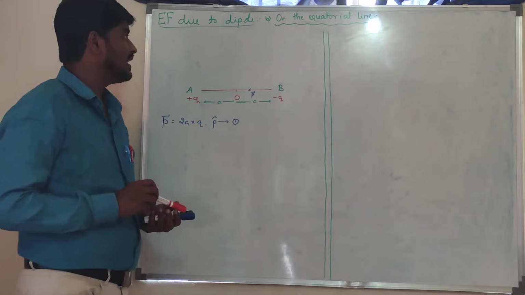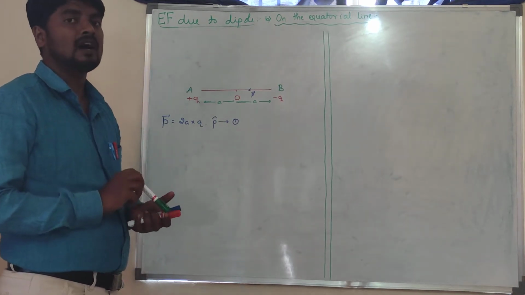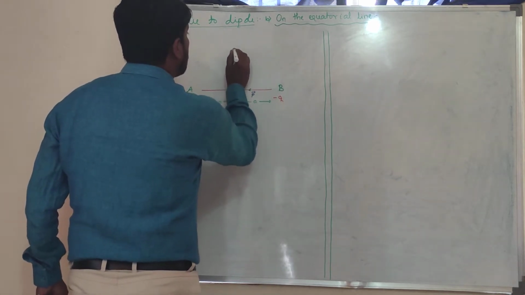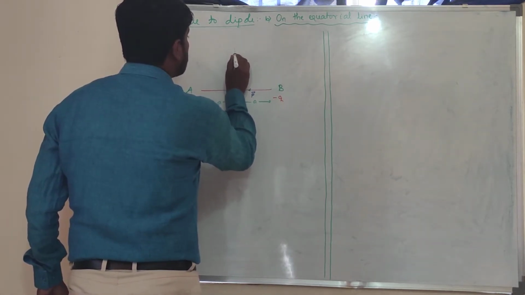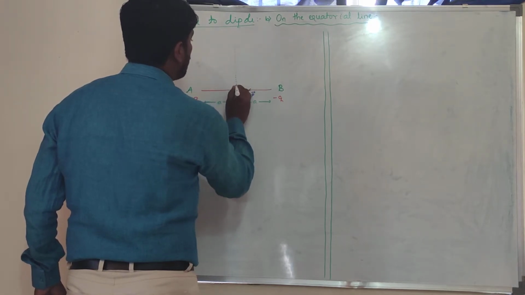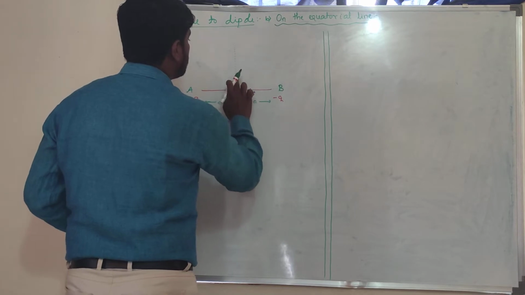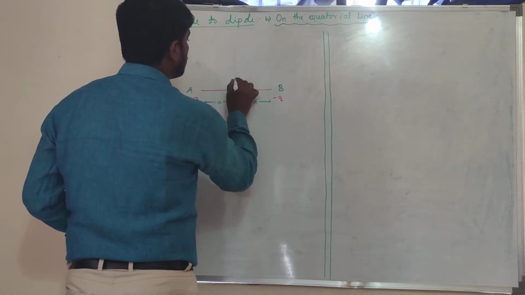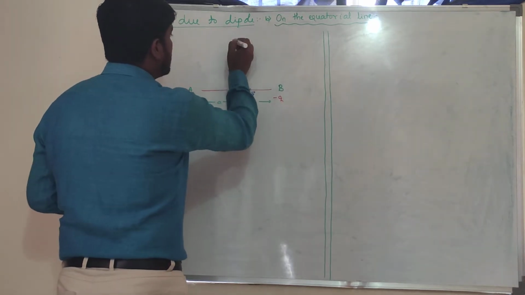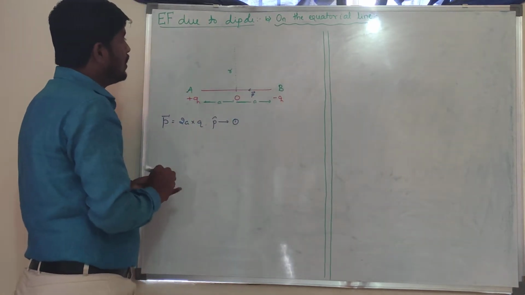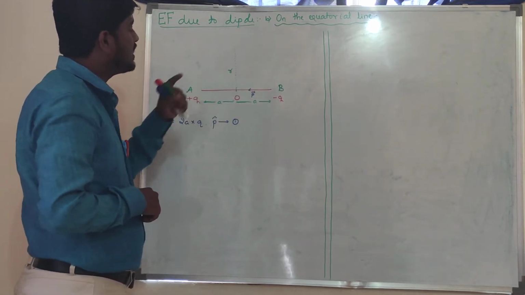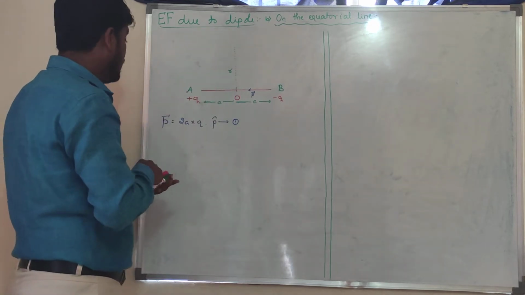Now I am considering the point P at a distance of r from the dipole center. Please keep it in mind, from the dipole center O. So this is the distance r. After considering the point P at a distance of r from the dipole center O, join AP and BP.